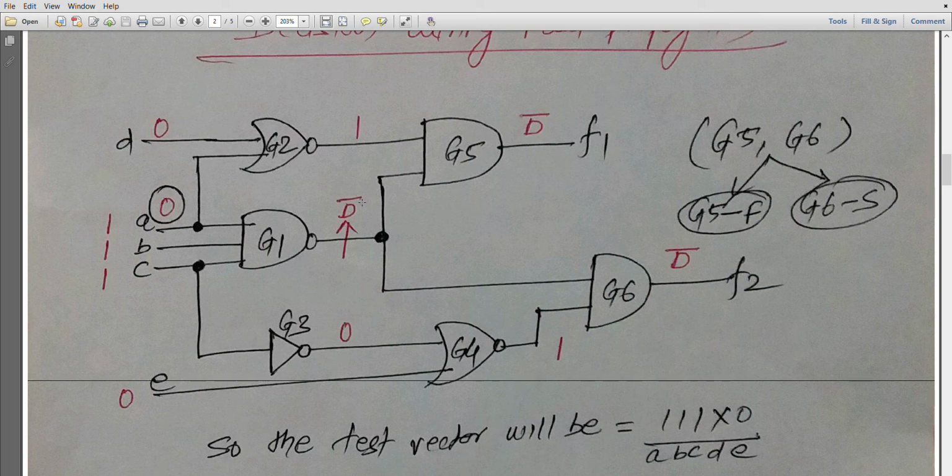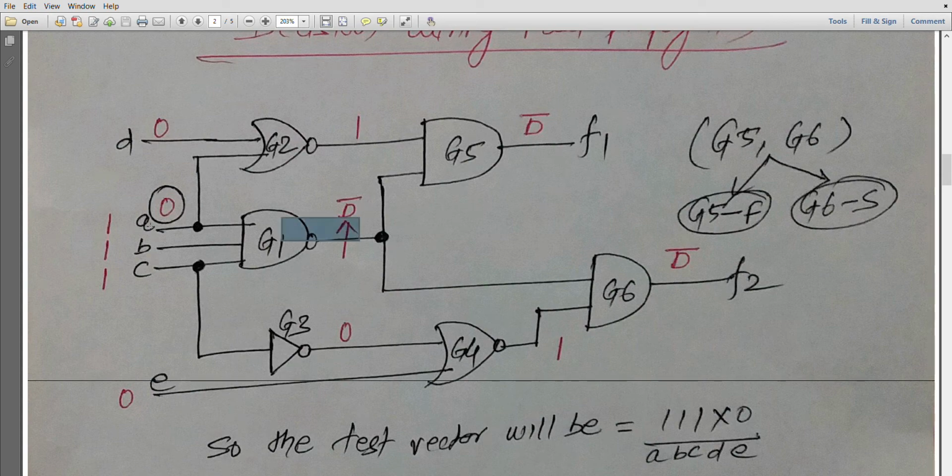Okay. So in order to make the output of G1 as 0 to sensitize this stuck at 1 fault D bar, the inputs of this particular NAND gate, A, B and C, have to be 1. Then only we will get 0 here. So the default value of A, B, C will be 1. Now check here.